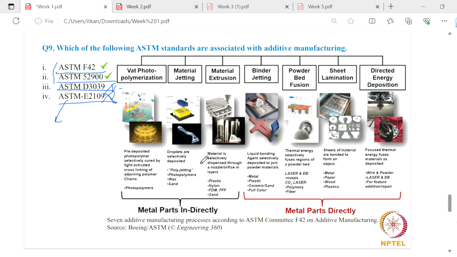Now binder jetting, where we have powder particles, and from a nozzle we jet a binder.